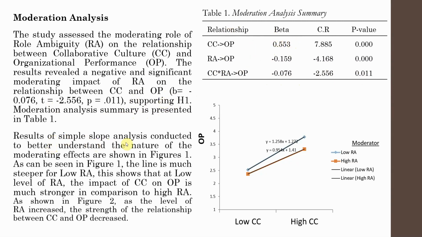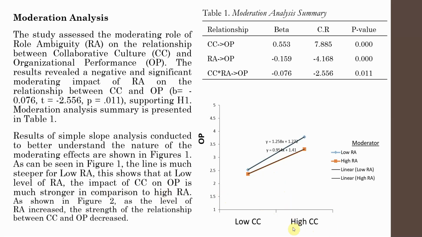Now, results of simple slope analysis were conducted to better understand the nature of the moderating effects that are shown in figure 1. As can be seen in figure 1, the line is much steeper for low role ambiguity. Look at the low role ambiguity blue line. It is much steeper in comparison to high role ambiguity. This shows that at low role ambiguity, the impact of CC on OP is much stronger in comparison to high RA.